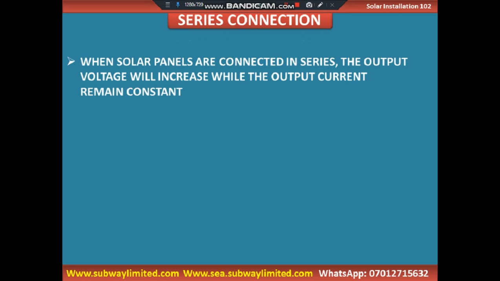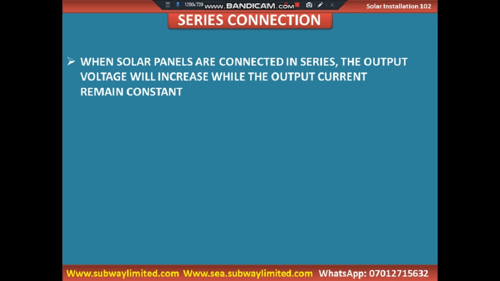We are saying that when solar panels are connected in series, the output voltage, we made mention of what voltage is before now, will increase while the output current remains constant. So during series connection, it is the voltage that will normally increase, whereas the current will always remain constant.